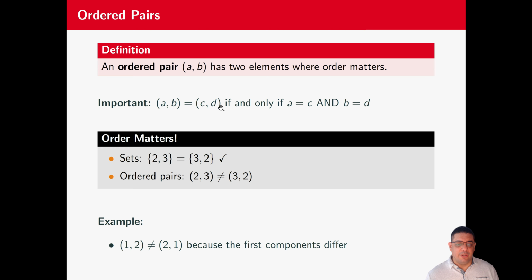So this is only going to happen if they have these equalities. Now, order matters here. In sets, {2, 3} is the same as {3, 2}, but in ordered pairs, (2, 3) is different from (3, 2). This is the first element, and it doesn't work if I flip the elements. Okay, so once again, the ordered pair (1, 2) is different from the ordered pair (2, 1).